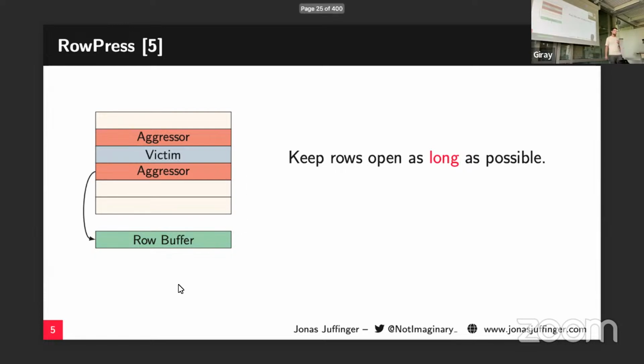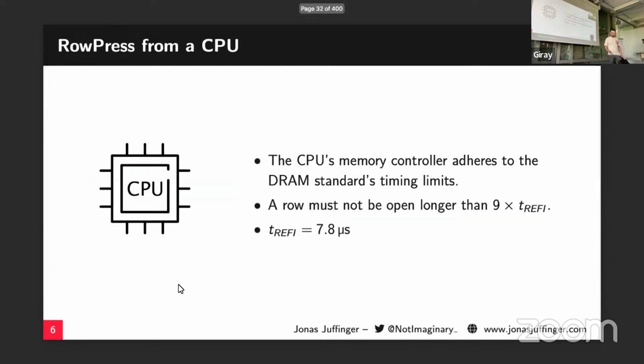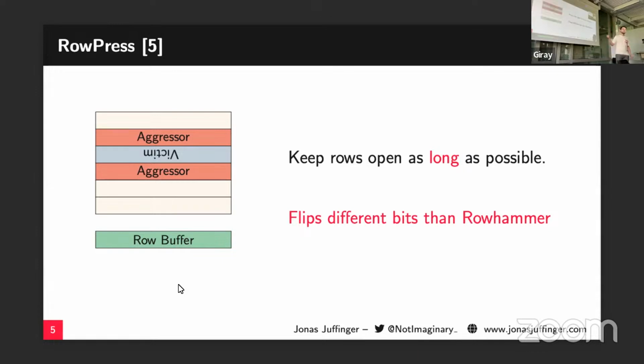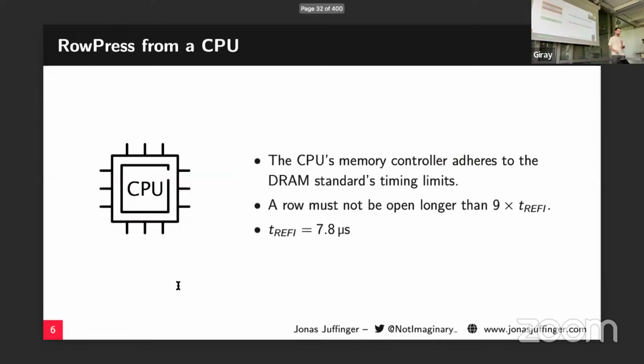Then the row is copied back, and the next row is again kept in the row buffer as long as possible. We now did this less often, as you could see. And again, we see bit flips in this victim row in between. The interesting thing here is that this flips different bits than RowHammer because it's based on a different physical effect. The reason why bits flip is different between RowPress and RowHammer. So we see different bits flip in the DRAM.